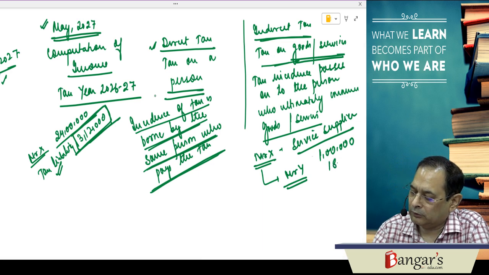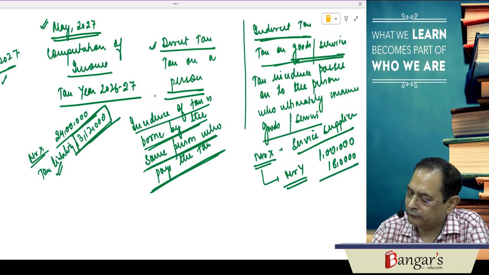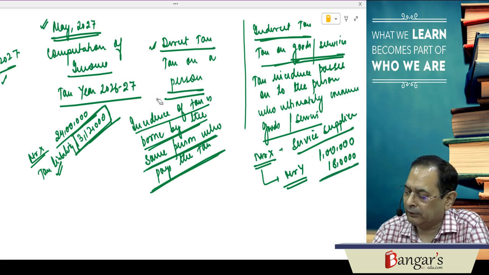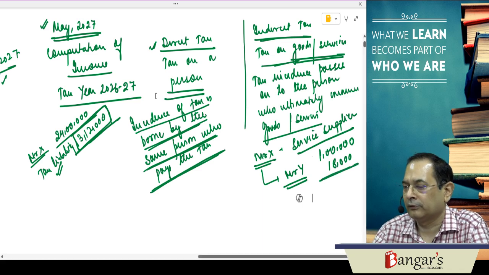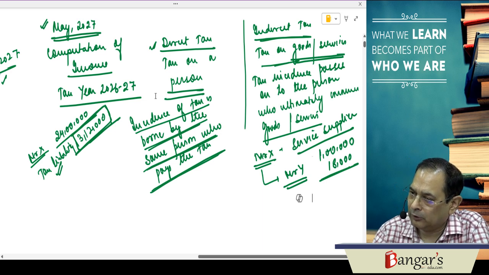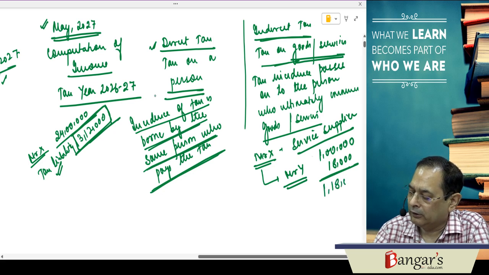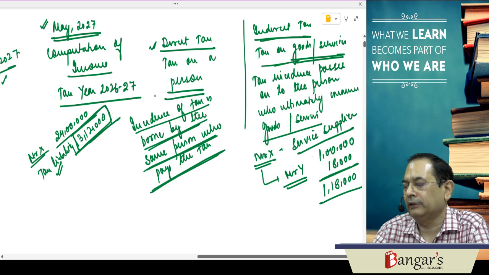18% is the goods and services tax. So when X raises a bill to Mr. Y, how much amount of bill will he raise? He will raise 1,18,000.